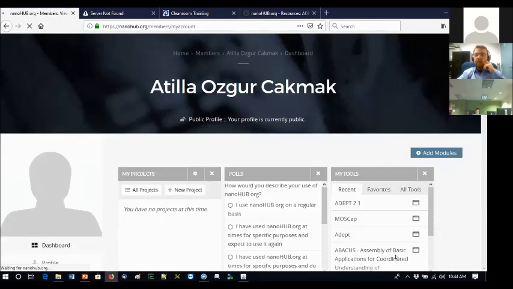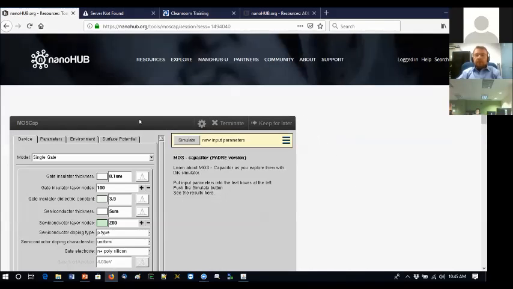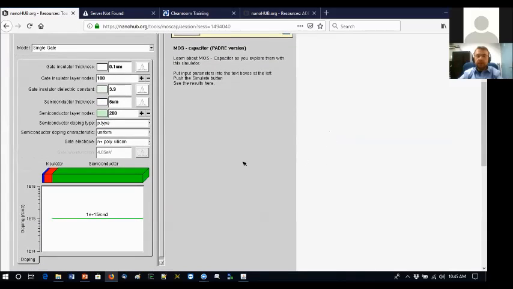I think Abacus has something similar inside. You don't have to follow me for this example because I'm going to do it very quickly just to remind you, but you can just search for MOSCAP and NanoHub, and you will end up with this, hopefully.